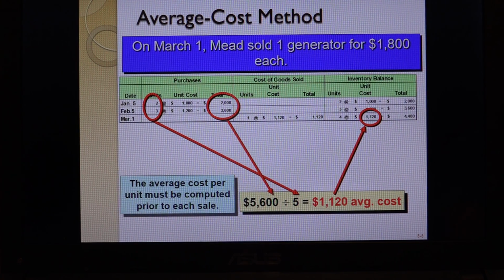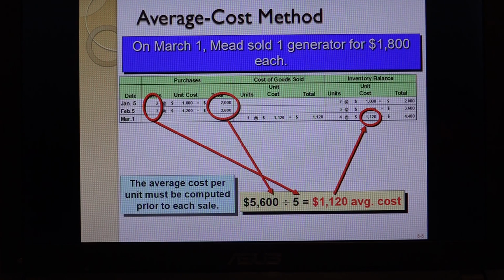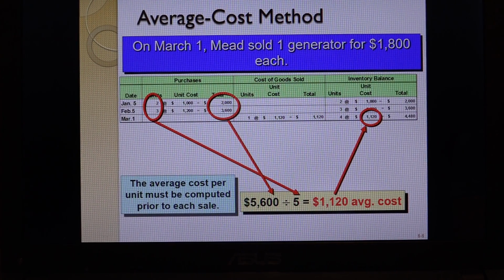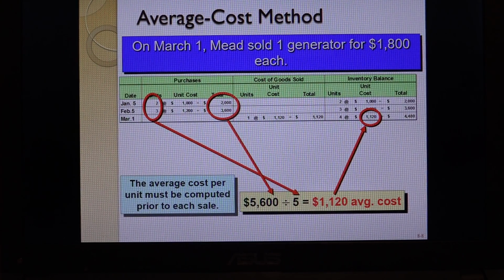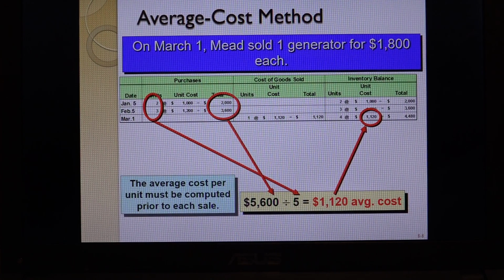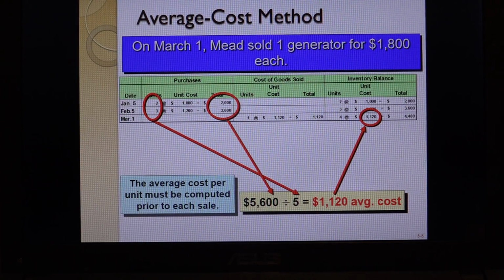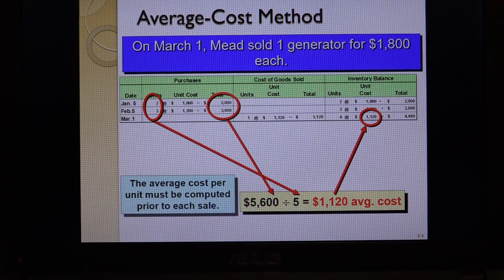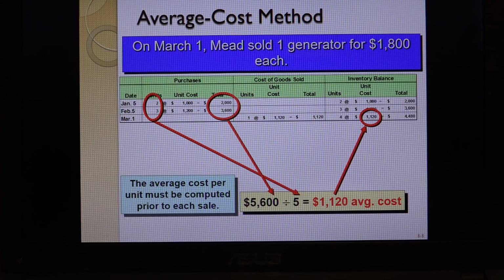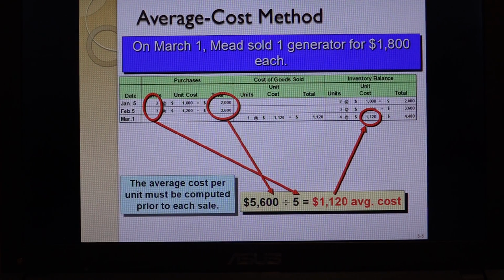It would be crazy, the cost of tracking each banana or Barbie. So, for that reason, specific ID is only used for large ticket, high profit items like Maseratis. And so we have these other cost flow assumptions that we use for smaller ticket items that you could track, but the cost of tracking them would be outrageous. In this example, they use one of the other methods, called average cost method.